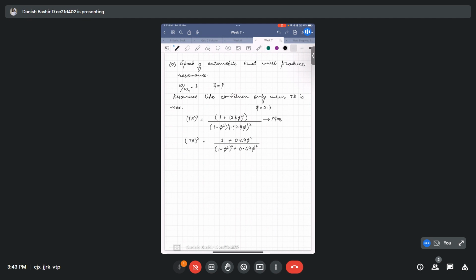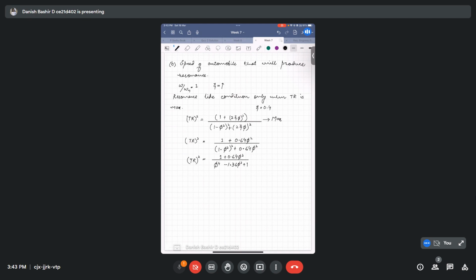When we further solve this, it reduces to 1 plus 0.64 phi squared divided by phi power 4 minus 1.36 phi squared plus 1. This is our transmissibility ratio squared.